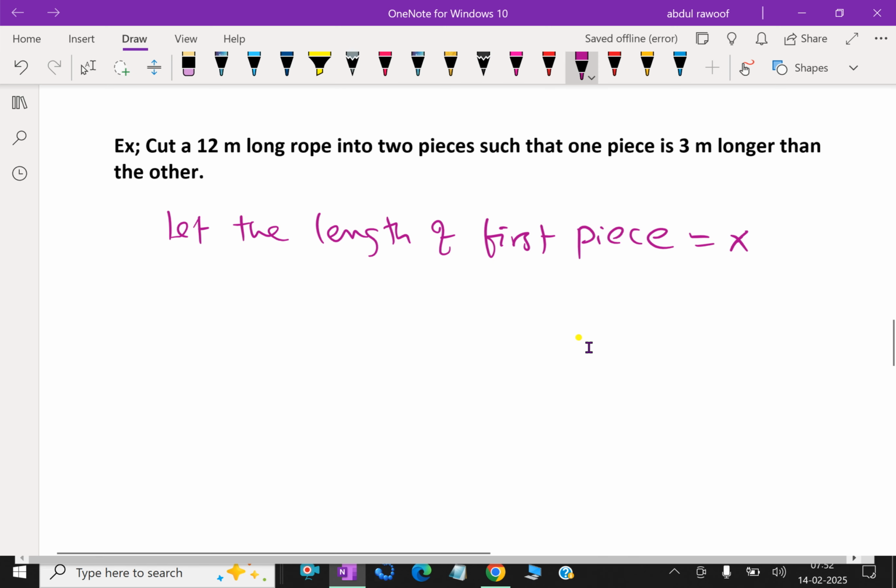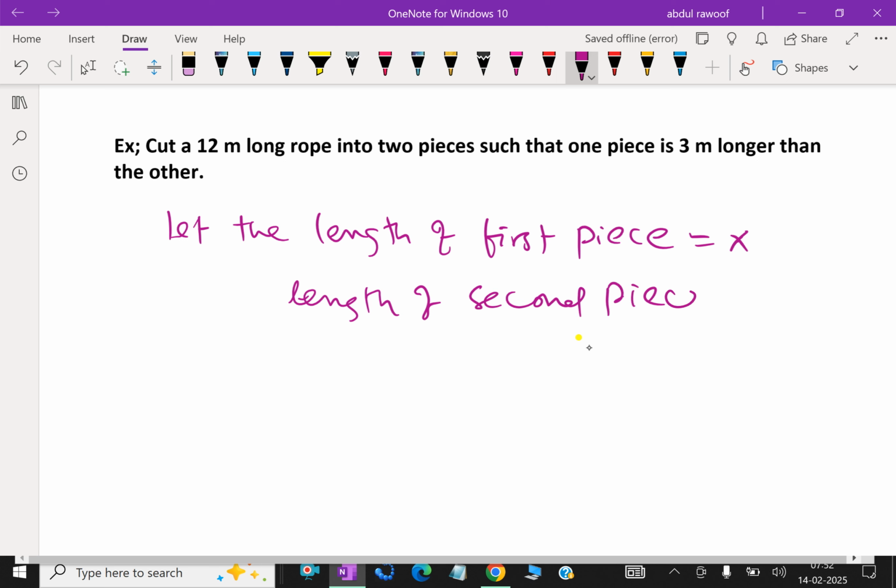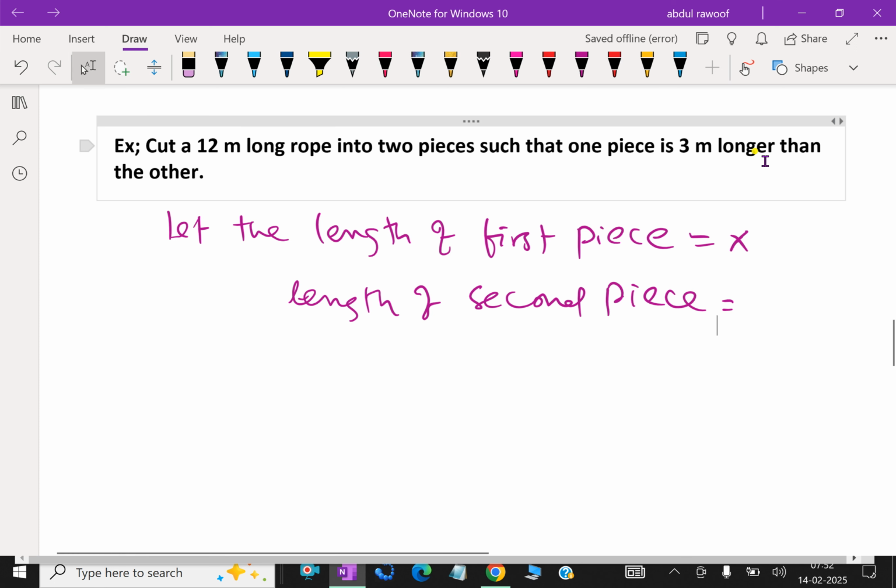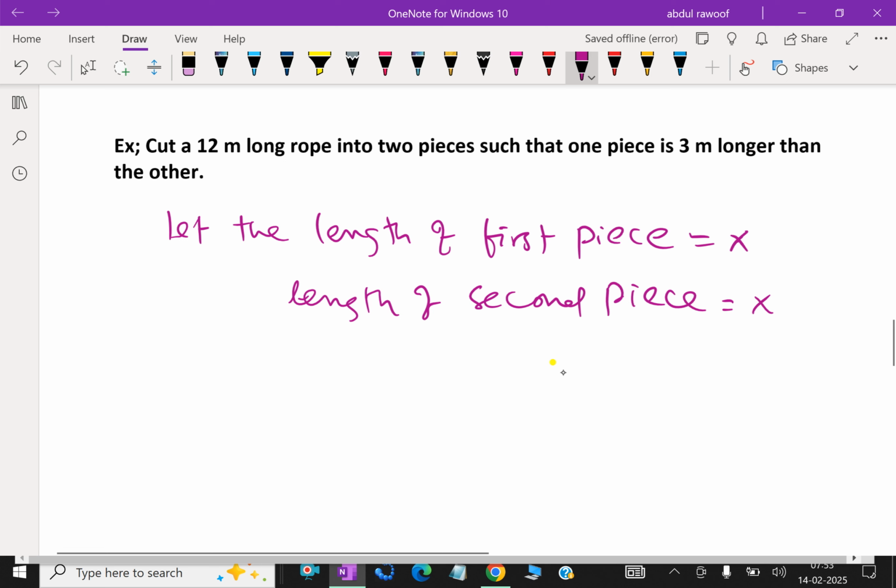Then the length of the second piece. The second piece is 3 meters longer than the first. That means it is x, the first piece, plus 3 meters.